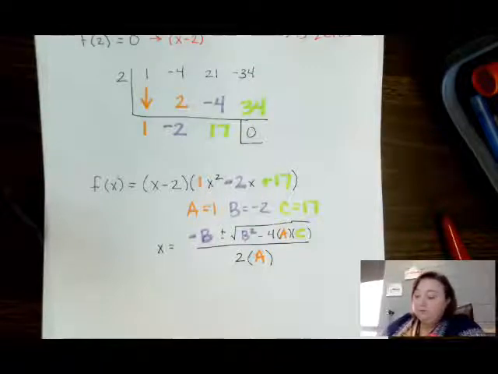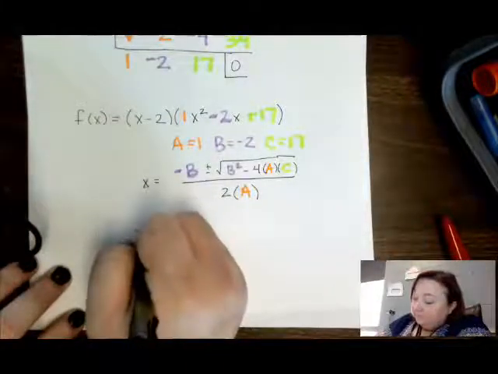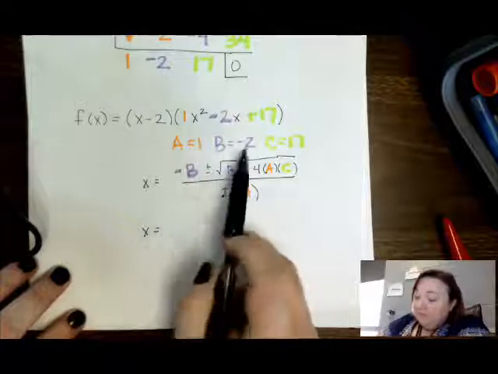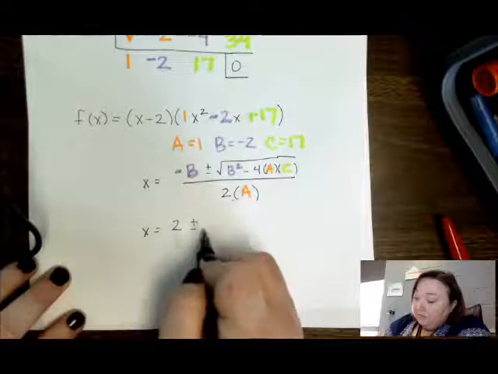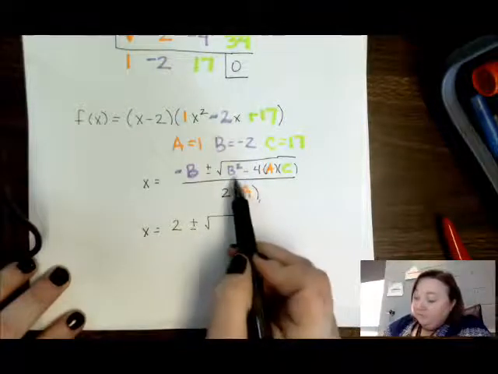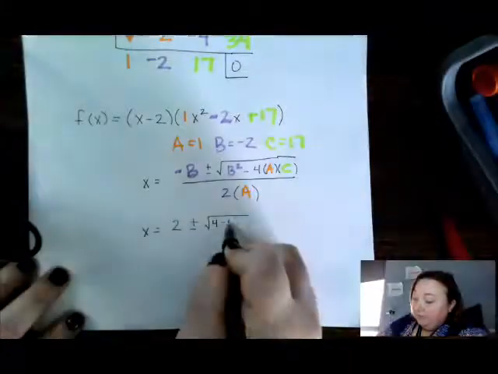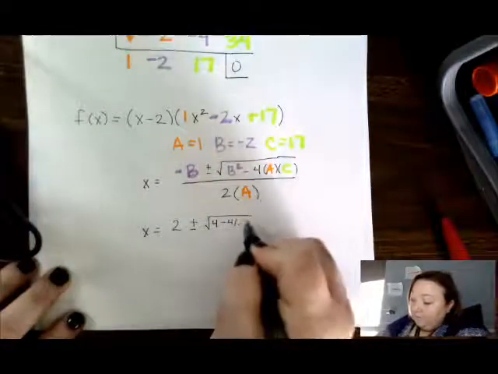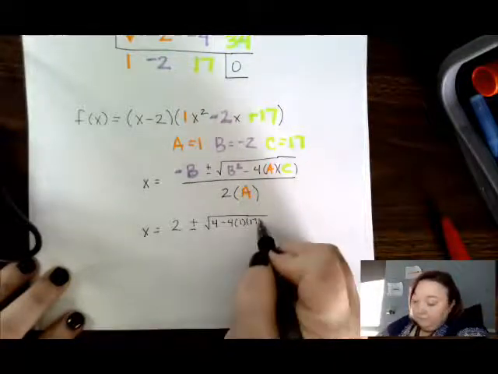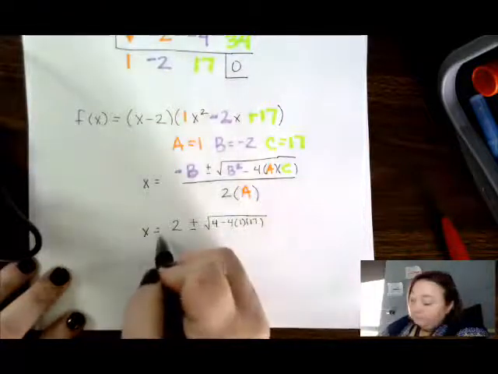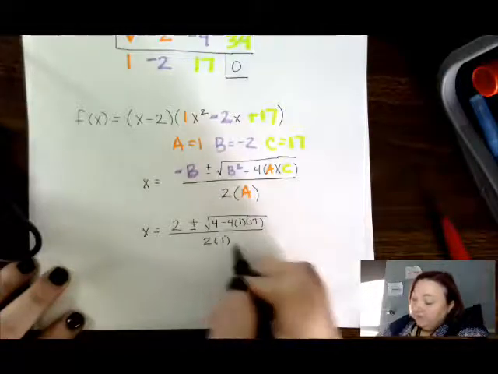So I'm going to take my information and plug it in. The opposite of b: b is -2, so the opposite of -2 is +2, plus or minus the square root of b squared, so -2 squared is 4, minus 4 times a times c, all over 2 times a.